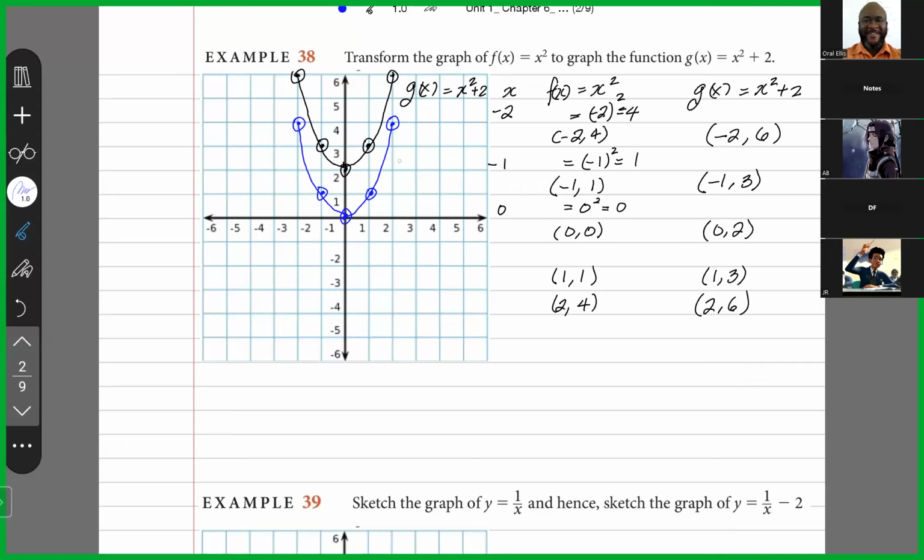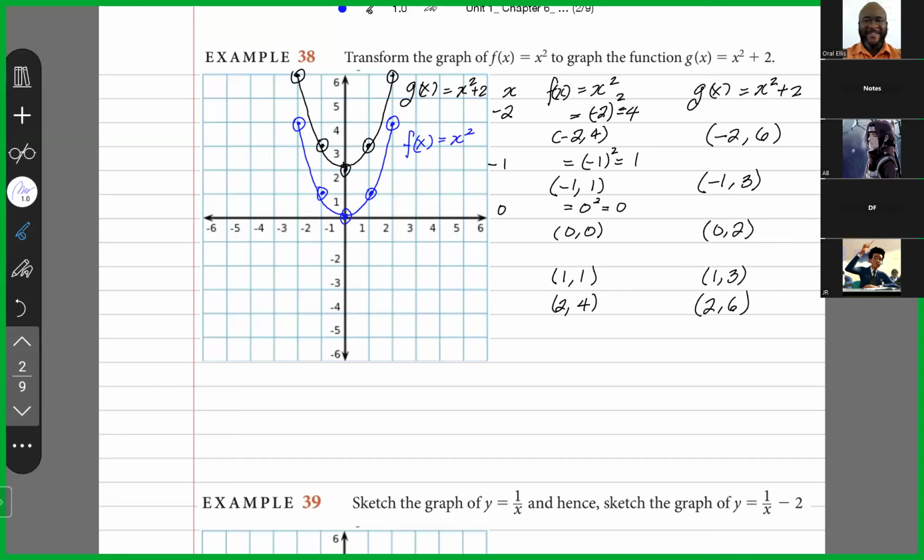So this is the blue graph. Right, not so perfect. All right, let me try and get this a little bit better. All right, this is f of x is equal to x squared.